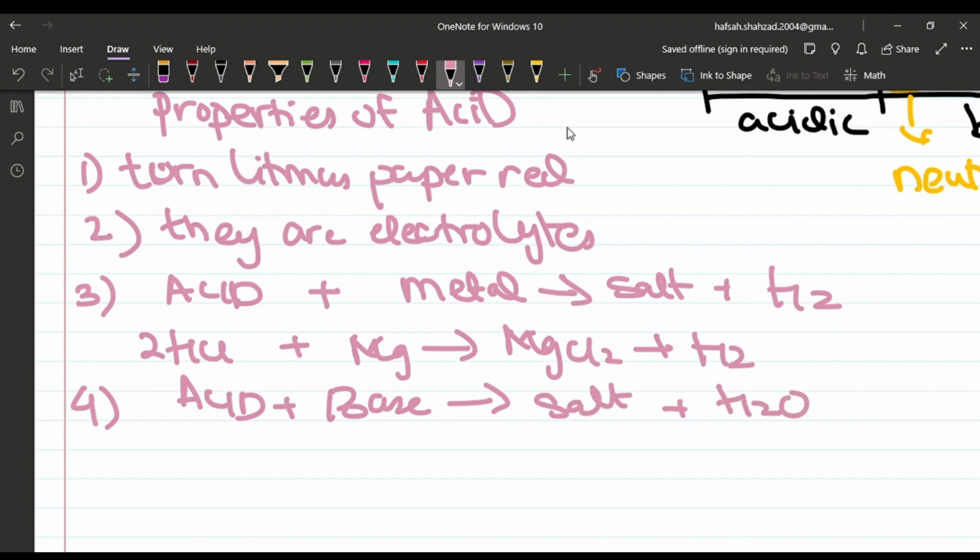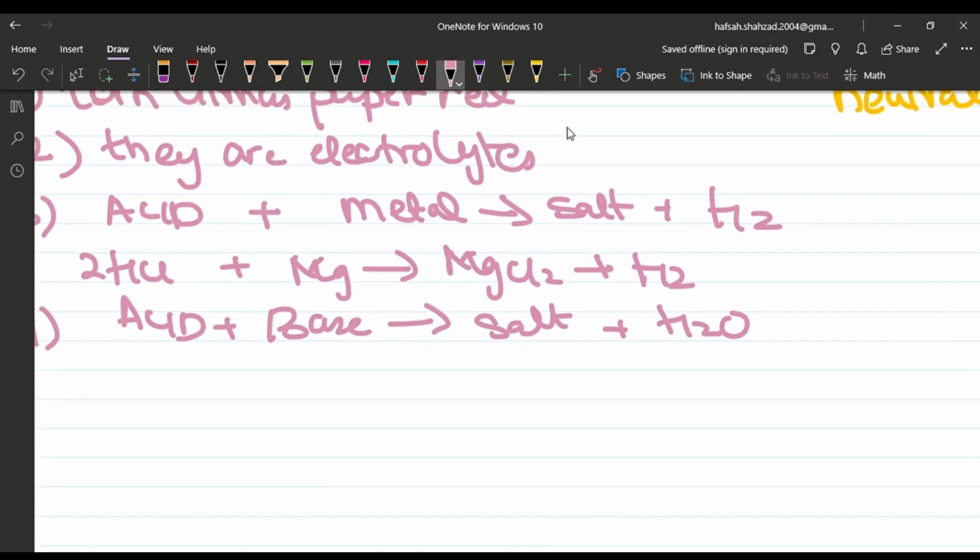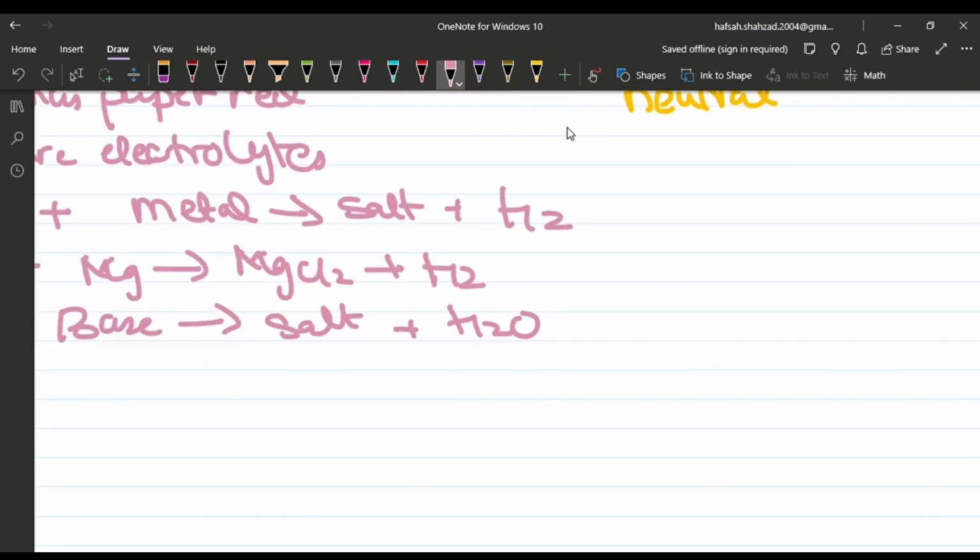Now this reaction is known as a neutralization reaction because it forms water. Neutralization reactions are known for their equation that I'll be mentioning in a few seconds as well. But any reaction that involves an acid and a base, specifically a strong acid and a strong base, would be called a neutralization reaction.